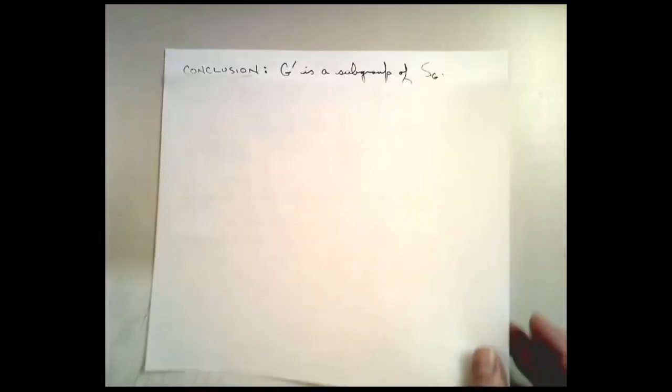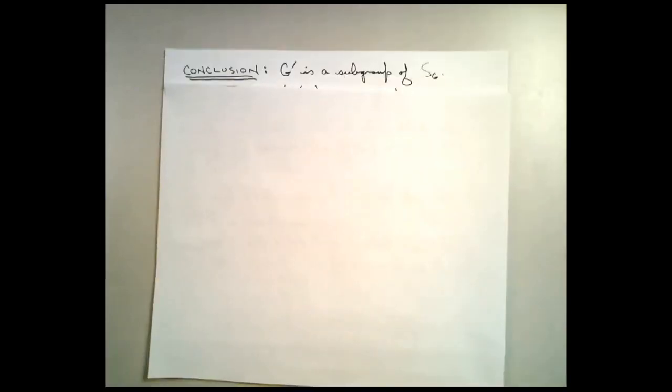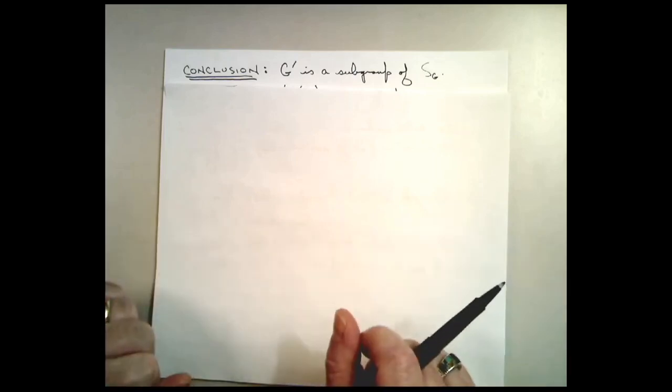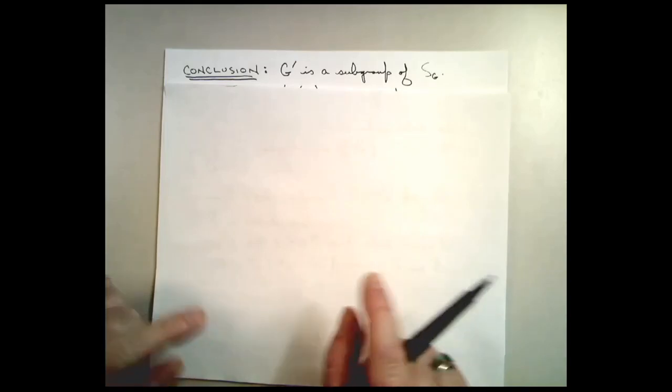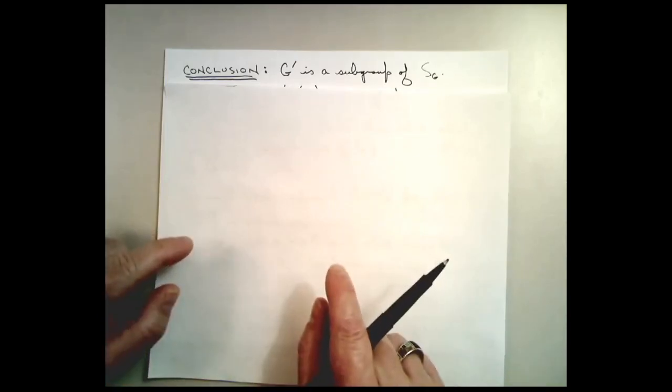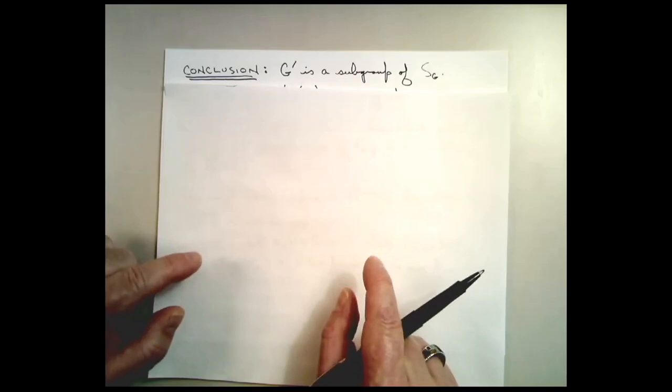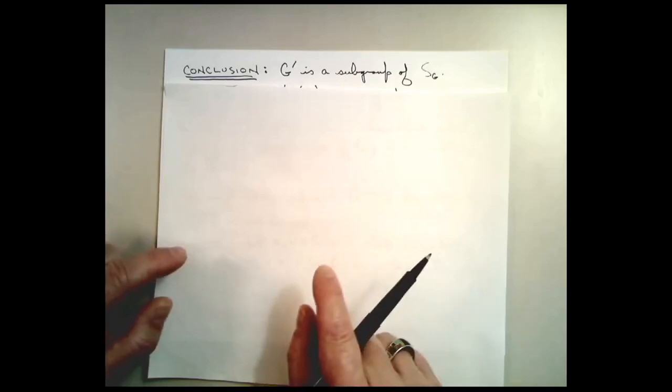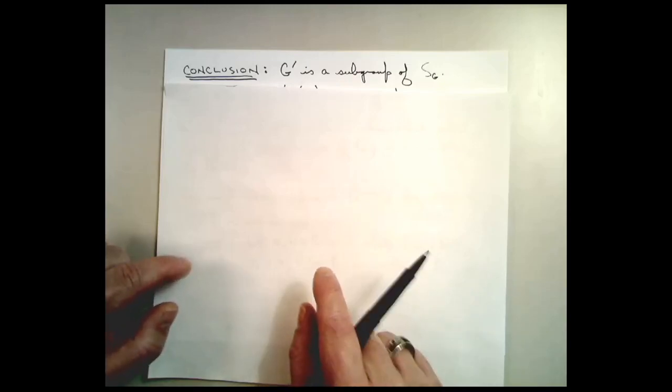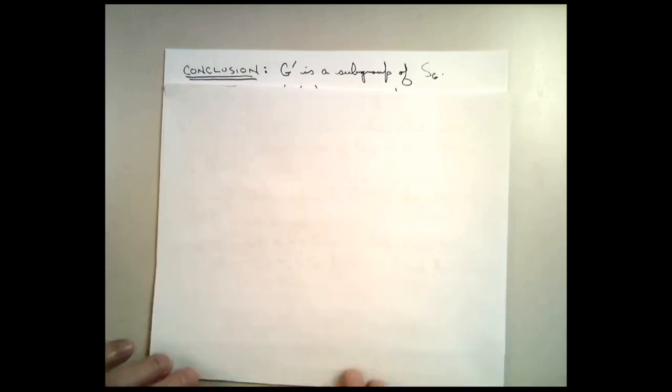Well, we're making a lot of progress here. All right, we've shown that for every element of G, we can associate it with a permutation of G. And now we've shown that the collection of all of those permutations is in fact a group.